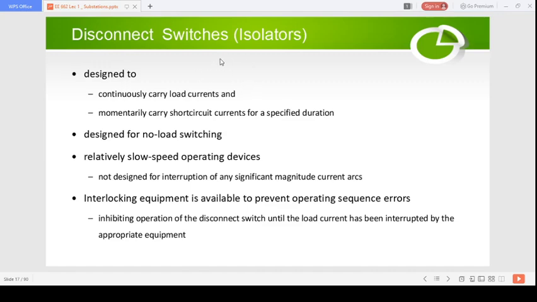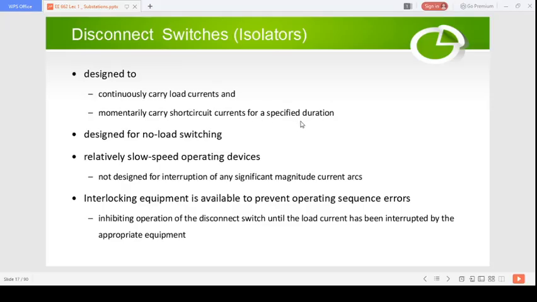Okay, let's continue our discussion on the disconnect switch or the isolators. These are designed to continuously carry load current, as I said earlier, and momentarily carry short circuit current for a specified duration.